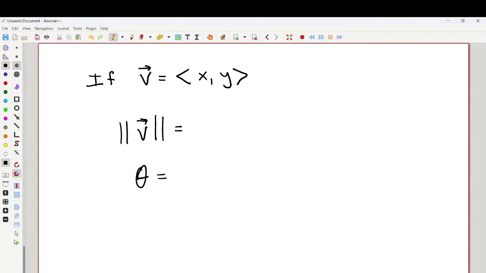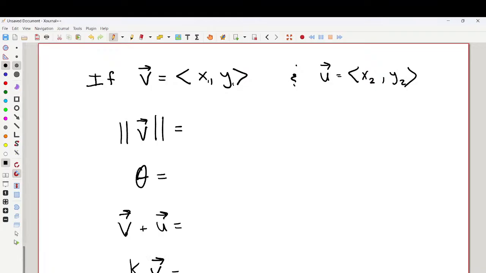What's the formula for this? Let's say x1, y1, and this is x2, y2. What's the formula for this? And what's the formula for that?